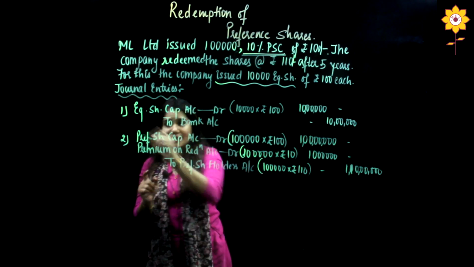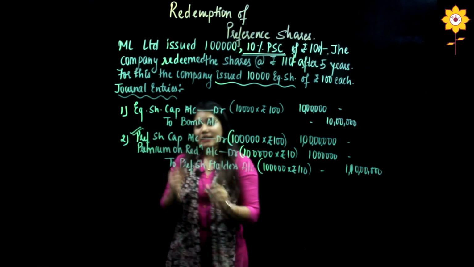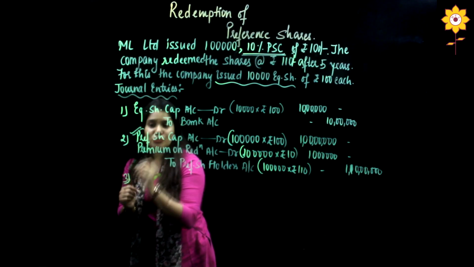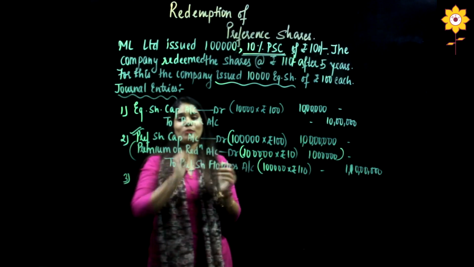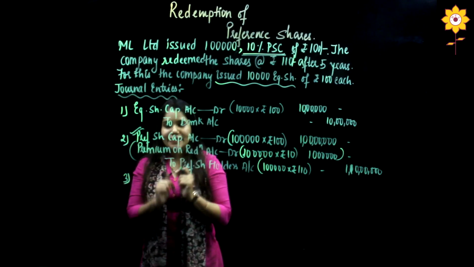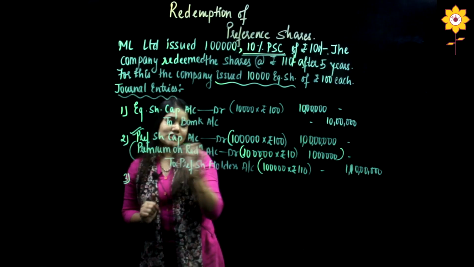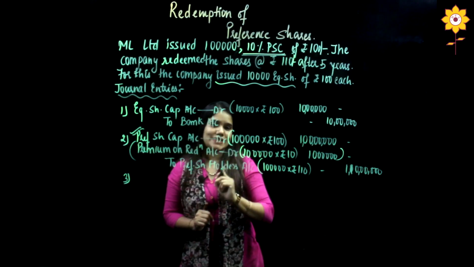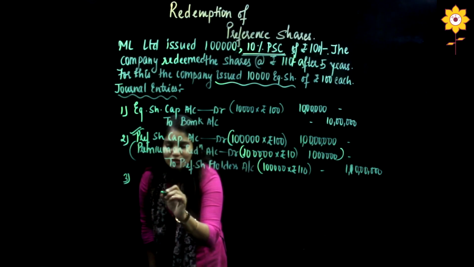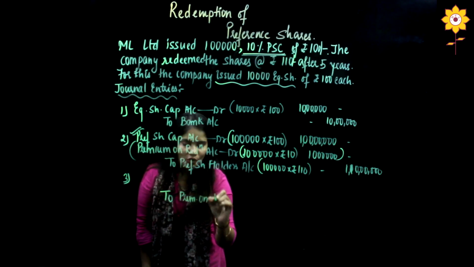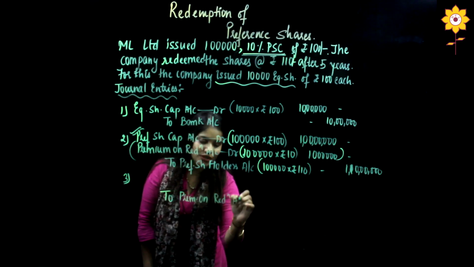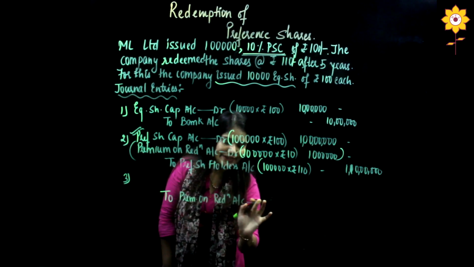I have just started with my redemption process. After this, I am supposed to write down this nominal transaction. For writing it down, the transaction which has been recorded on the debit side has to be written on the credit side like this: to premium on redemption account credit.